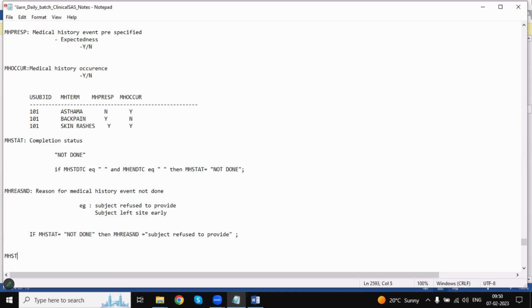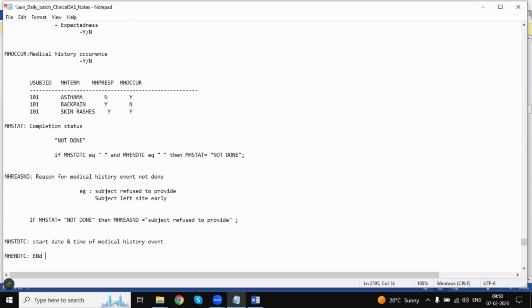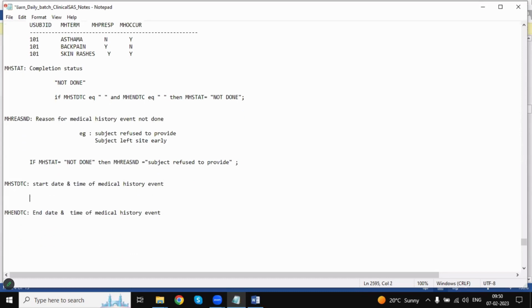Okay, next, MHSTDTC and MHENDTC. You could have understood that STDTC is nothing but the start date: start date and time of the medical history event. And end date and time of the medical history event. For example, previously the subject had some asthma problems. From when he started suffering with the asthma, to when it was cured.